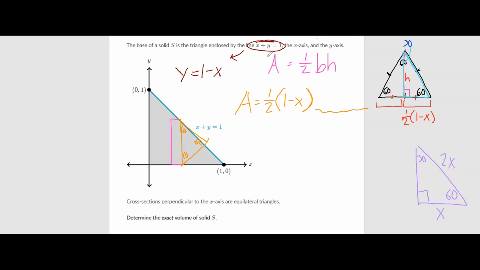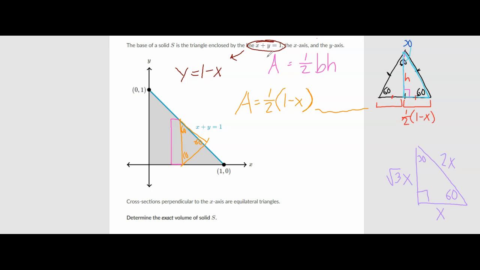The middle side, or the side across from the 60-degree angle, the second longest side, is going to be root 3 times the shorter side. Okay, so that's the relationship. If you know the shortest side, multiply it by 2 to get the hypotenuse. If you know the shortest side, multiply it by root 3 to get the side across from the 60-degree angle, or the second longest side.